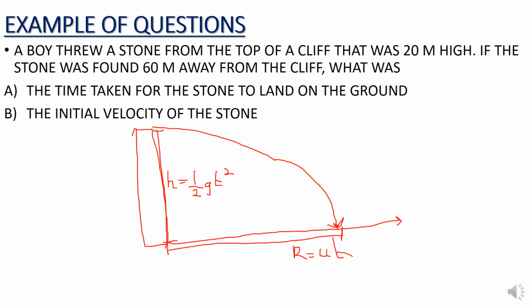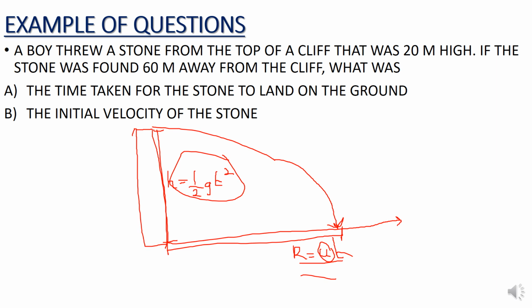So the first question was the time taken for the stone to land on the ground. So can we guess which formula we use here? Of course, we'll use the first formula, because we cannot use the second formula as we do not have U, the initial velocity.